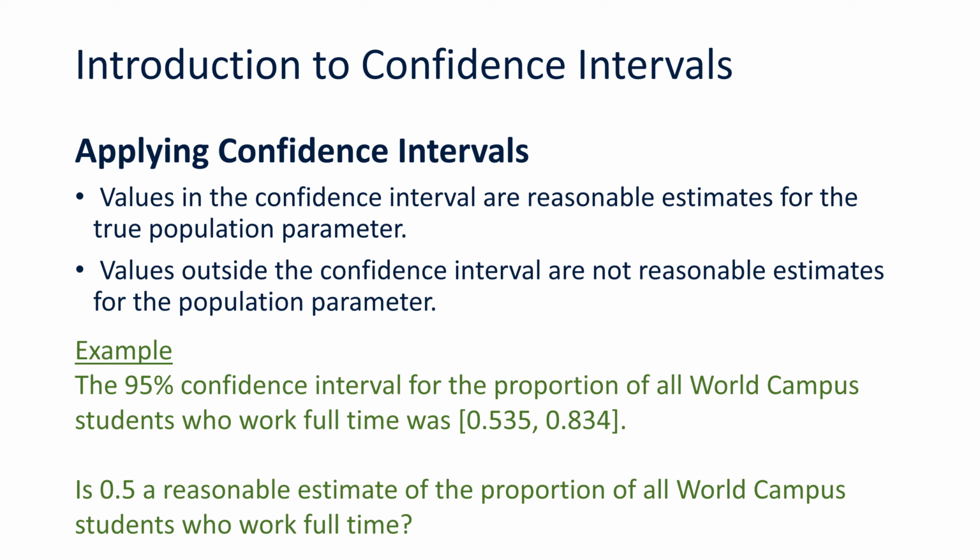Any value between 0.535 and 0.834 is a reasonable estimate of the population parameter. Because 0.5 is not within that interval, no, it is not a reasonable estimate. There is evidence that the population proportion is different from 0.5.